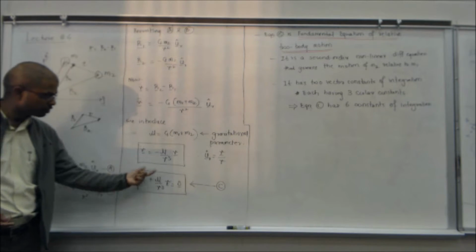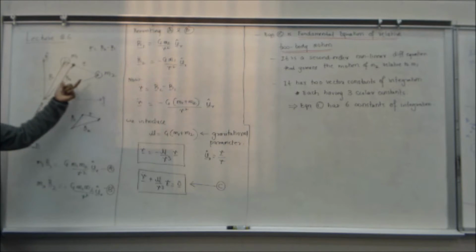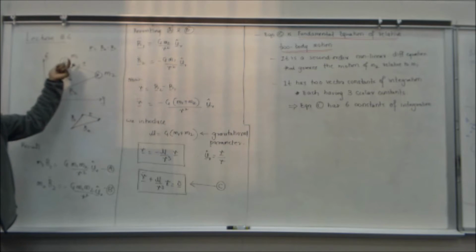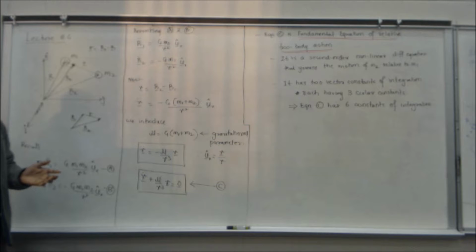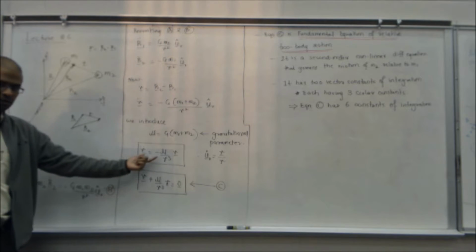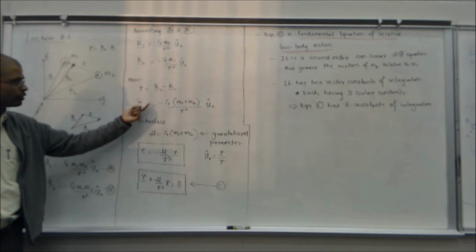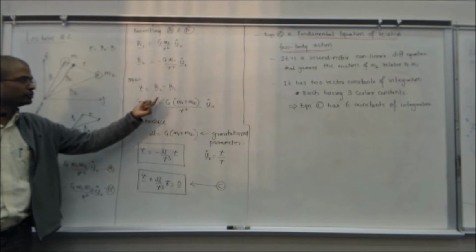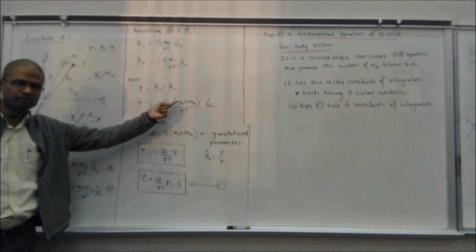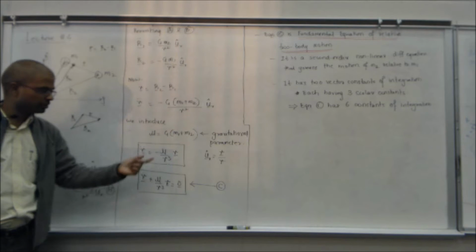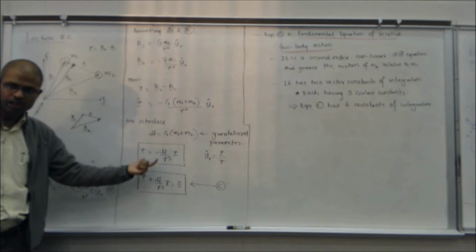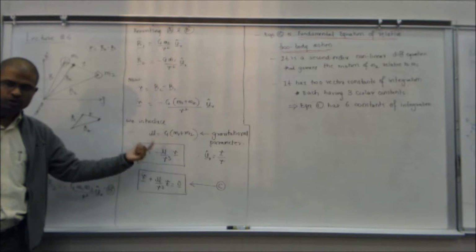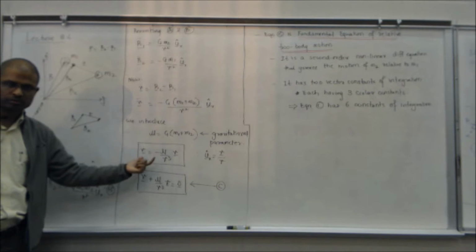Okay, so what we are seeing here is motion of body M2 with respect to M1, right? The motion of M1 with respect to M2 is also exactly the same. That is what this states. Because if we were to figure out R1 minus R2, everything would be just negative. So I would have multiplied this by -1, and you would still have the same exact equation. The solution would be the same exact solution. Okay?